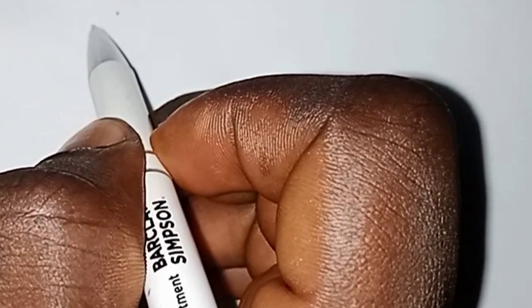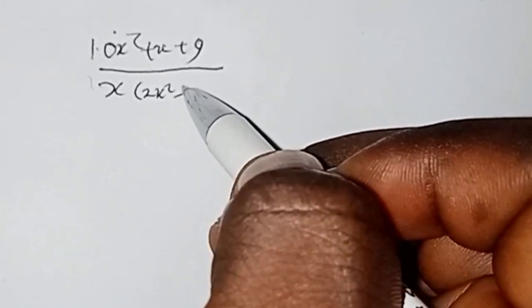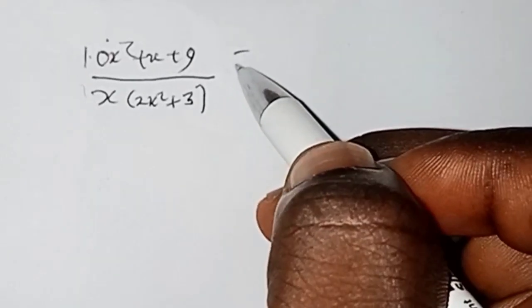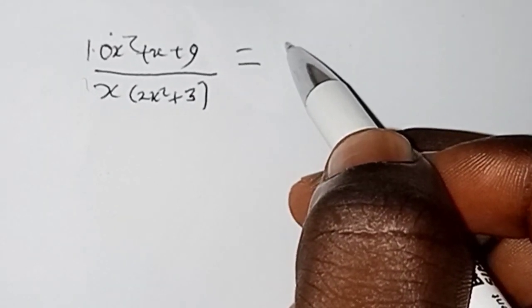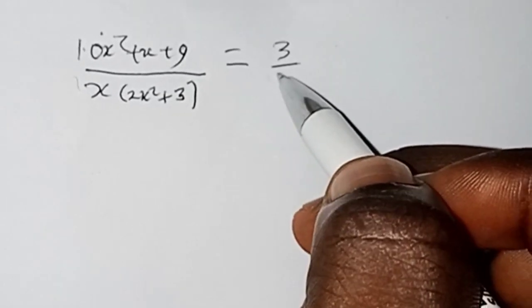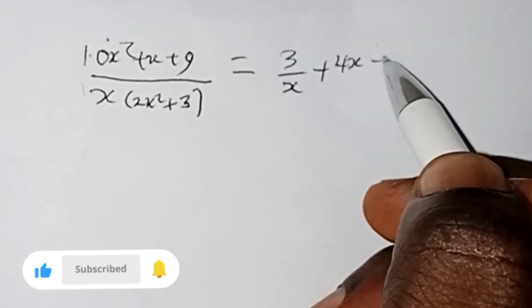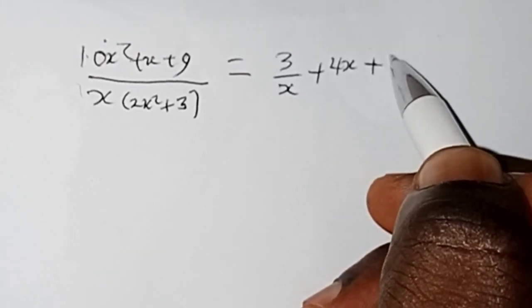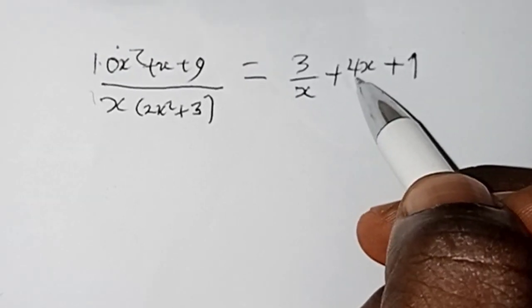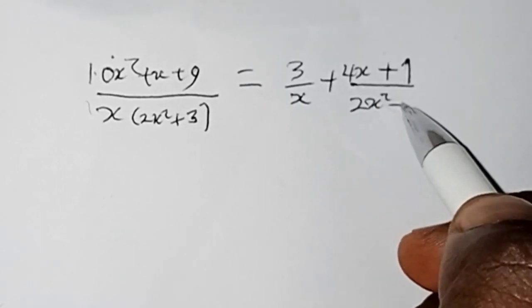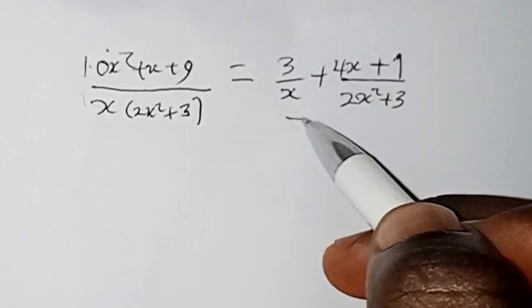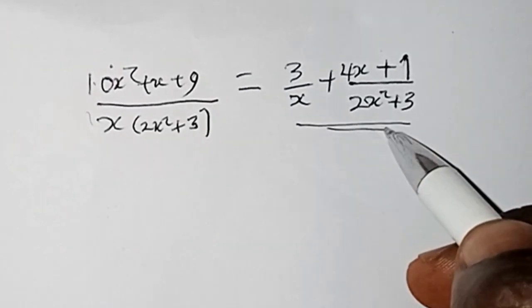So computing our final answer, 10x squared plus x plus 9 divided by x into 2x squared plus 3 is now going to be, our a is equal to 3 over x, and then plus our b is equal to 4x, and then plus our c is equal to 1, divided by 2x squared plus 3. So this is going to be our final answer.